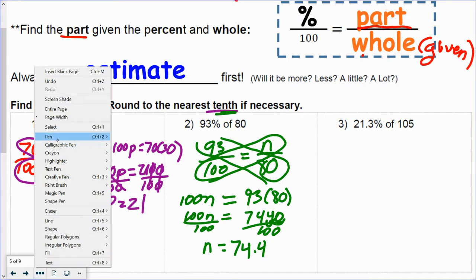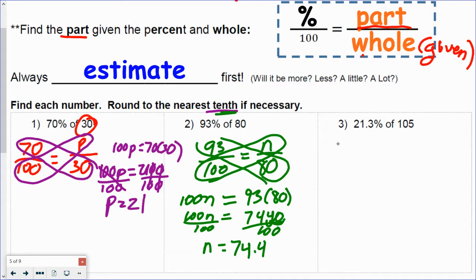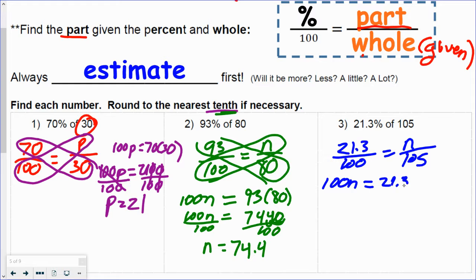All right, let's go to number 3. This one's going to have a decimal, but that's fine. We're going to make it work. So 21 and 3/10% of 105. Take your cross products. I have 100n equals whatever 21 3/10 times 105 is. Lucky for you, I already did the multiplication for you.